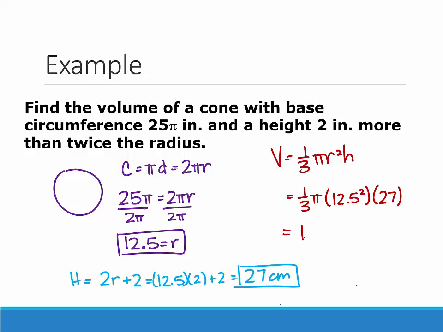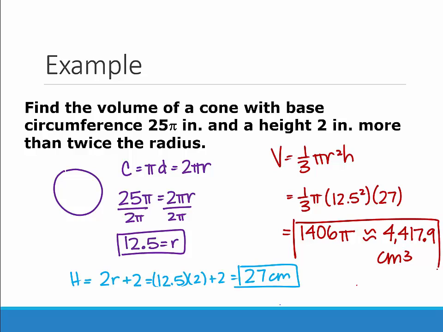In terms of pi, we end up with 1406 pi, or if we multiply that by pi, we get about 4,417.9 centimeters cubed.